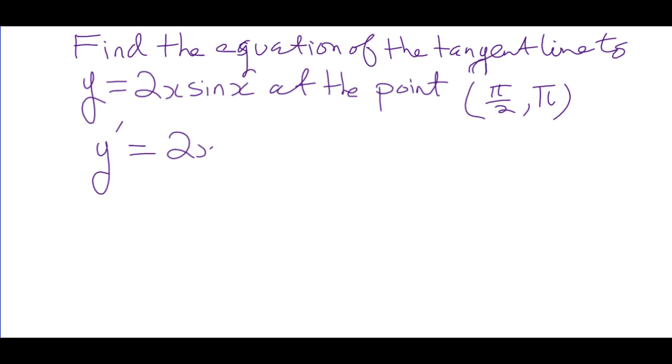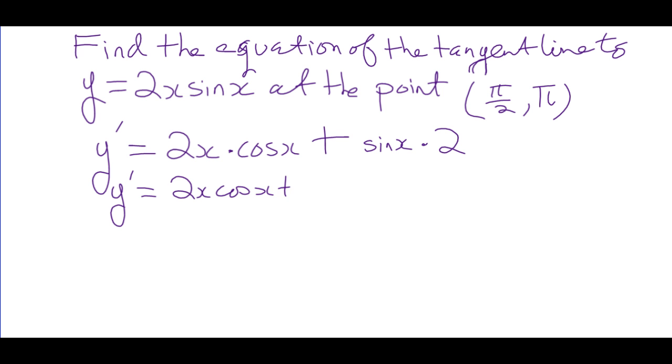So we take the first function, 2x, times the derivative of the second function, so 2x times cos x, plus the second function times the derivative of the first function, which is 2. So that's 2x cos x plus 2 sine x.